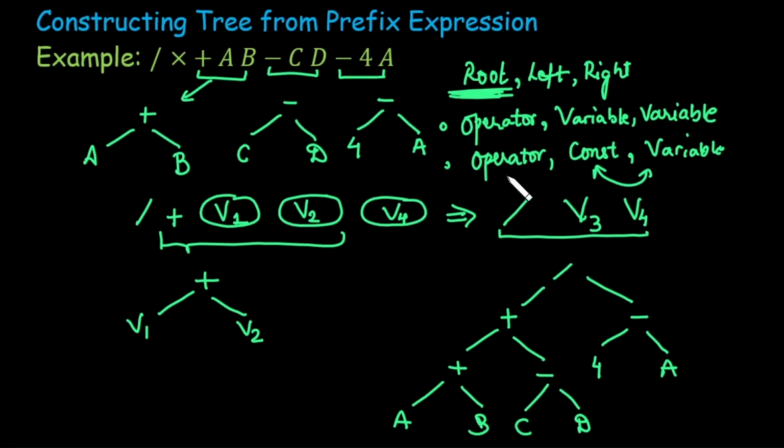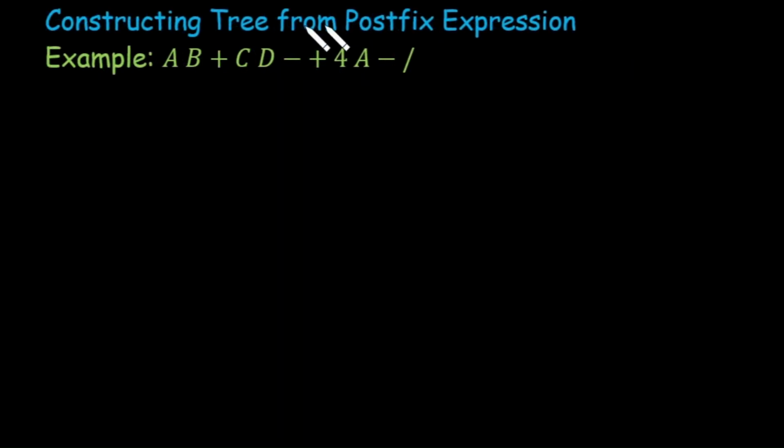Based on the same procedure, let's find the rooted tree from the postfix expression. We need to construct the ordered rooted tree from this postfix expression based on the previous procedure. In the previous procedure, we were working with the prefix. Now it is a postfix. Postfix means first we visit the left side, then the right child, and then the root.